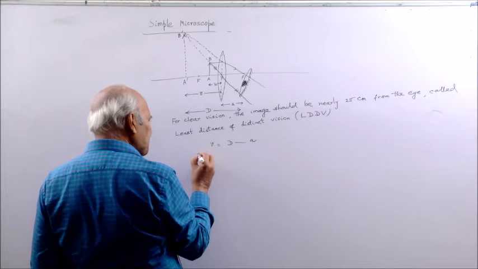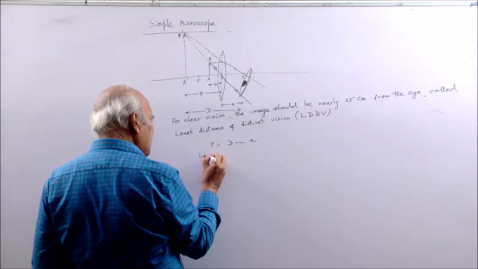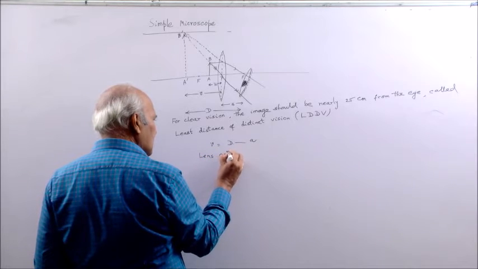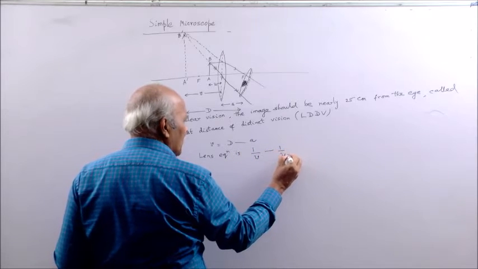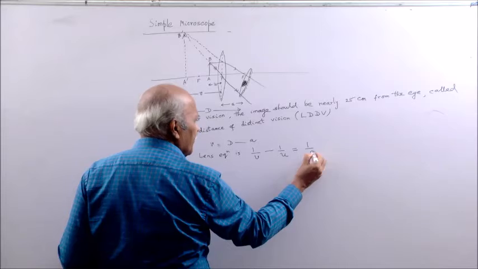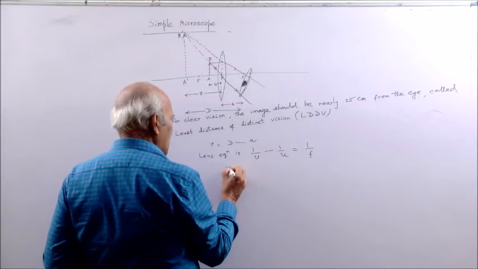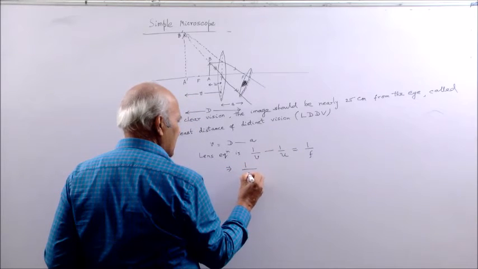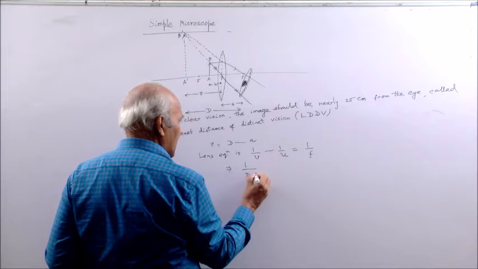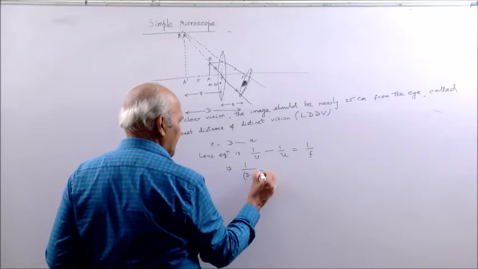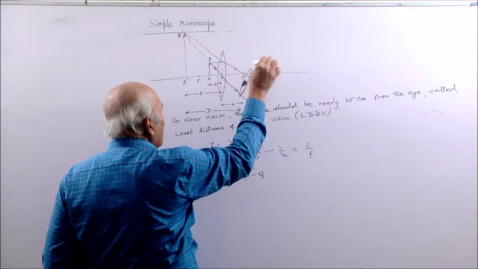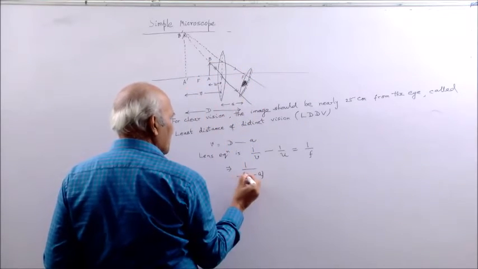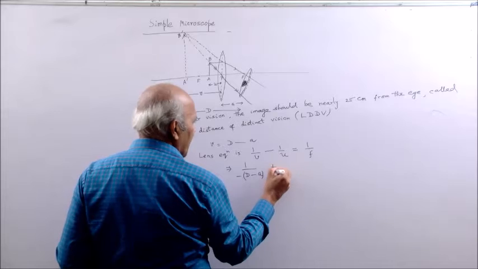Then the lens equation is 1 by V minus 1 by U is equal to 1 by F. So here you write 1 by D minus A, and since the ray direction is from left to right and you are measuring from right to left, you associate a minus sign.